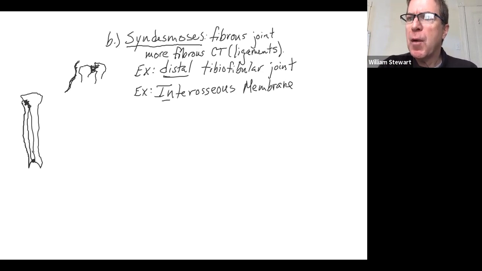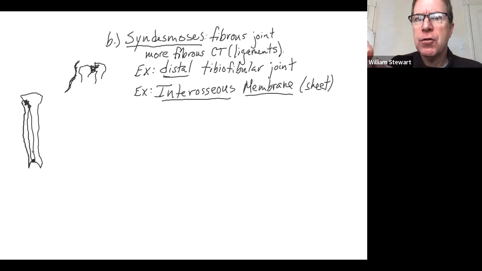The interosseous membrane is the sheet. It's a flat ligament, a fibrous connective tissue sheet that occurs along here between the diaphyses of those two bones, or for the example in the radius and ulna.